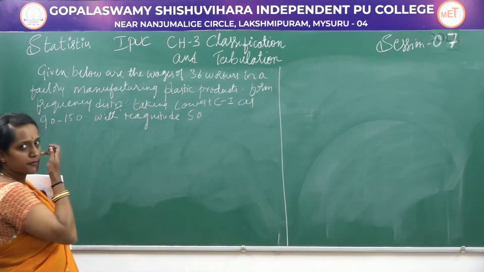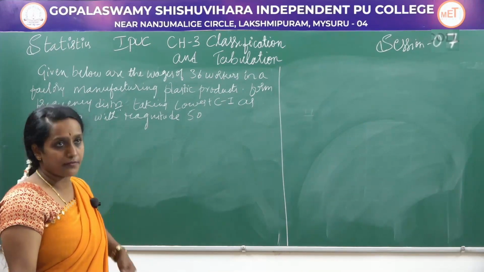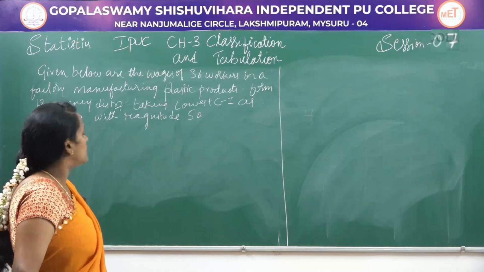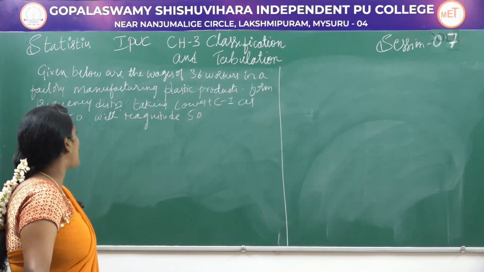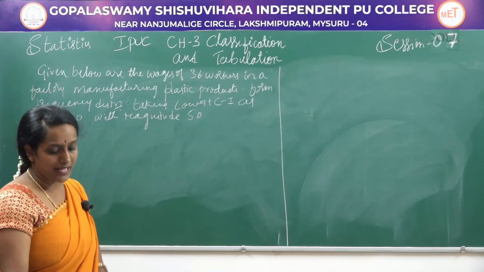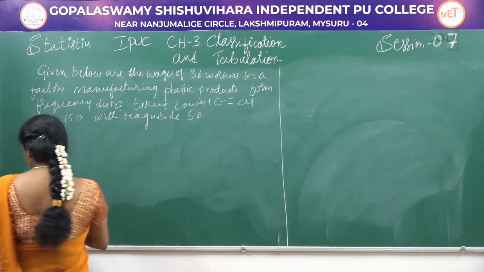Here they have mentioned we have to take the lowest class interval. It should start from 90 to 150 and later we should increase that. Later we should take the magnitude, that is the width of the class interval, as 50 each.